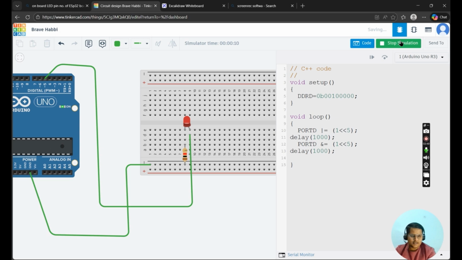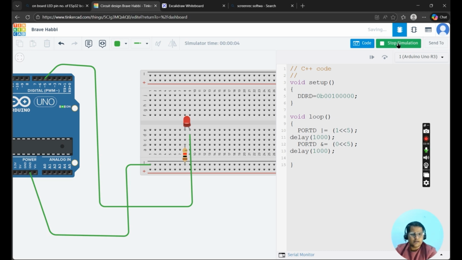Why is it not turning off? Let me see that. PORTD AND equal to, okay. Now we are doing AND, and with the AND we have to do negation because I want to send 0. Or what you can do instead of this, you can send this also. This will work because I want to send 0 to that bit. Look, this is working.